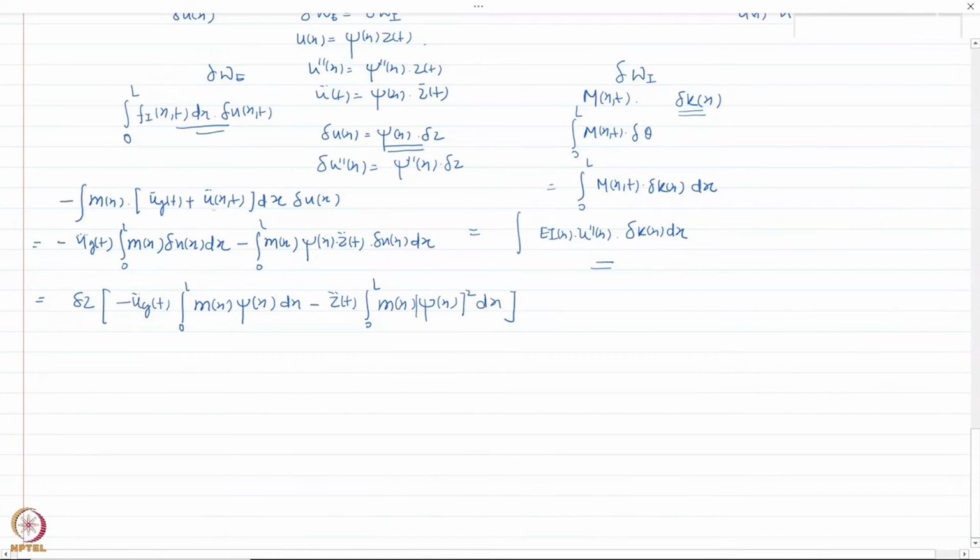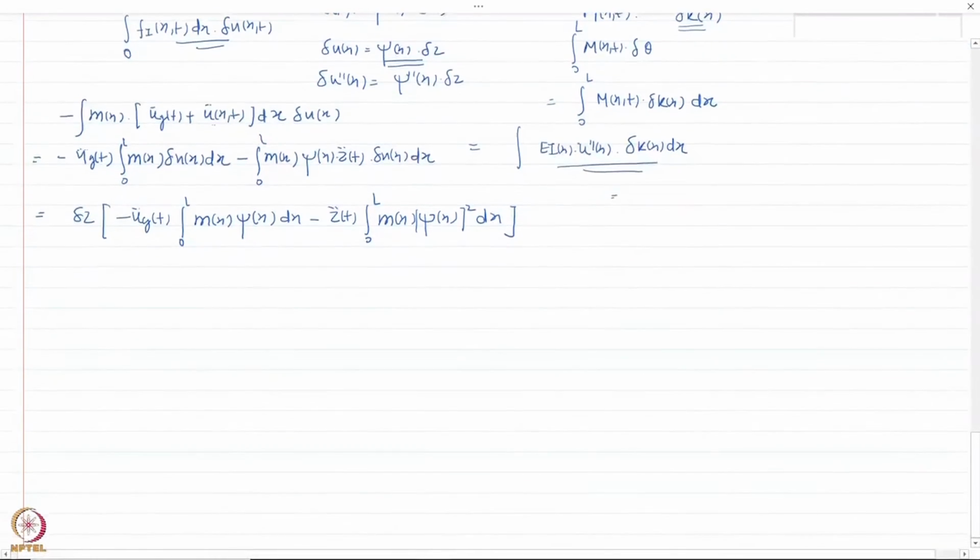Similarly, I'm going to further expand this term here. Substitute it so that I can write it as EI(x) times phi double dash (x) times z(t), times the curvature, which is nothing but del of phi double dash (x) times del z.